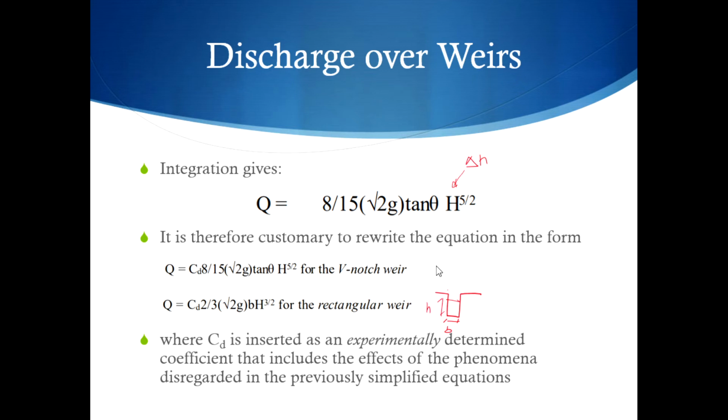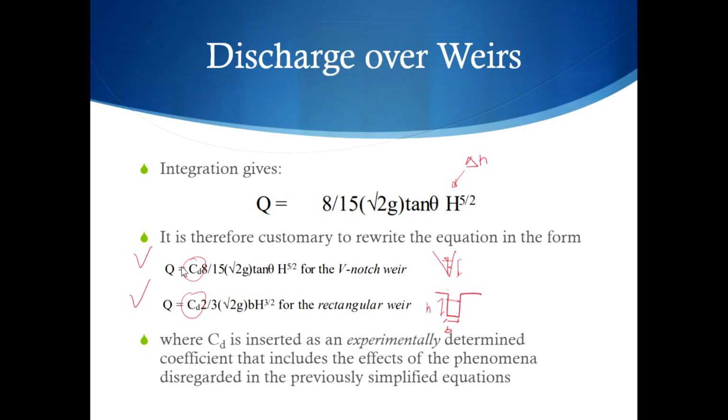And in the same way for the V-notch weir, our h will be this, and our theta will be half of the total angle of the opening. So you can see that for these two equations we have this new term CD, where CD is inserted as an experimentally determined coefficient that includes the effects of the phenomena disregarded in the previously simplified equation.